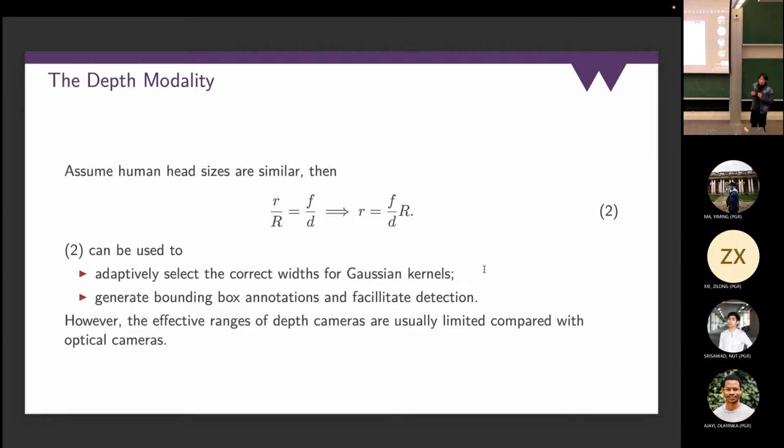So if we know that, then we can choose the correct width for Gaussian kernels to smooth the ground truth density map. Or we can also generate bounding boxes so that we can perform object detection on this task. But that sounds very ideal.